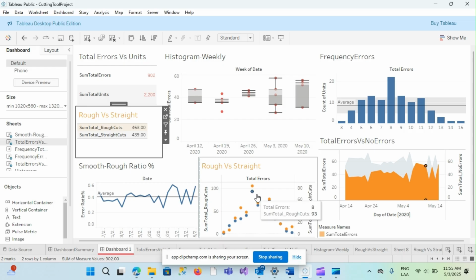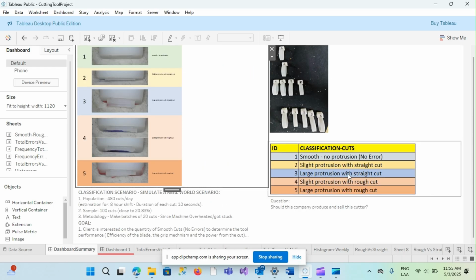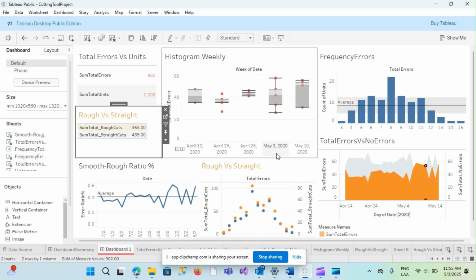And even if the client happens to allow number two, which is a slight protrusion with straight cut, which is kind of manageable, it's not that bad. Even if they allow that, it's still not that good because they're going to have a lot of number three, four, and five. So that was basically the conclusion that is represented in this dashboard.